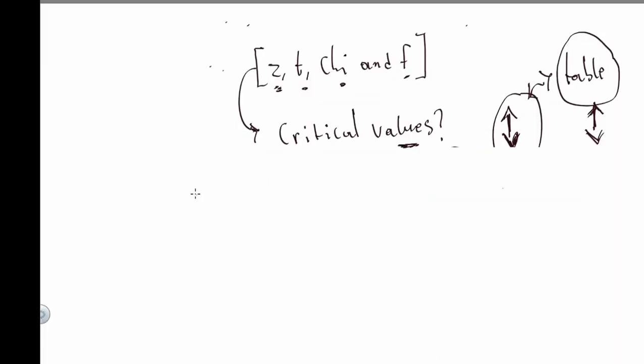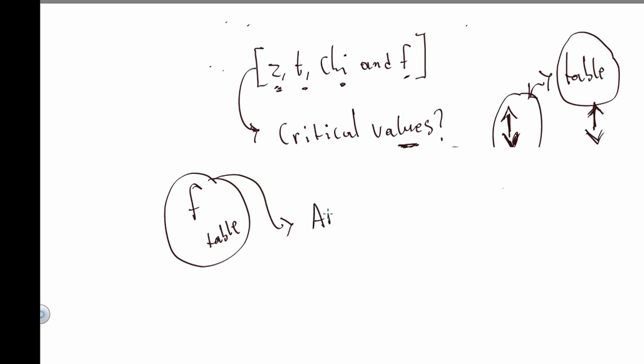So the last but not the least, the F distribution. The F distribution too is very simple. One of the easiest actually. The F distribution table is for the ANOVA. So how do you use the F distribution table?